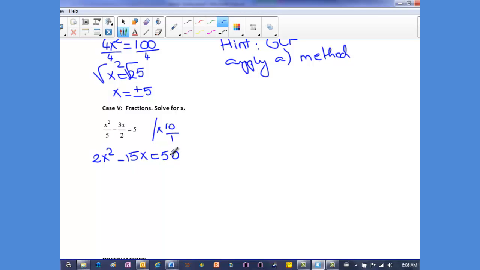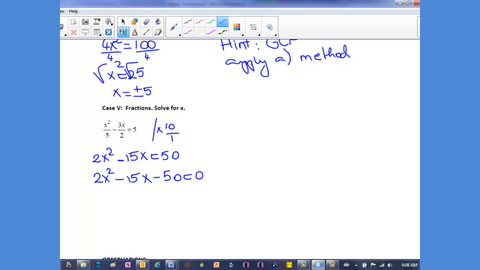We do have to rearrange it. So we have 2x squared minus 15x minus 50 equal 0. And now you're in a complex trinomial, which you can factor, and you can move on from here.